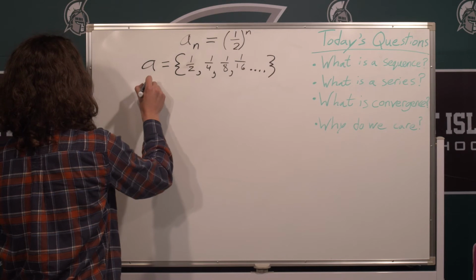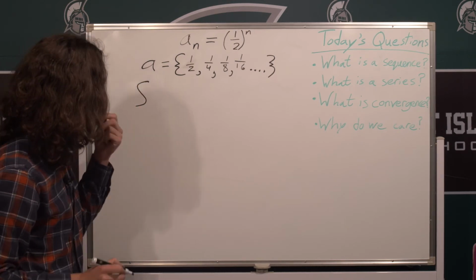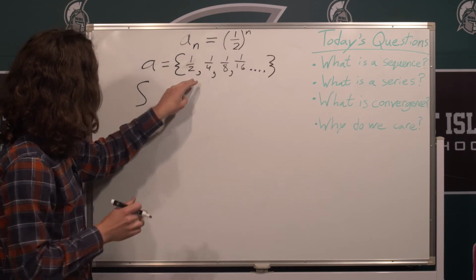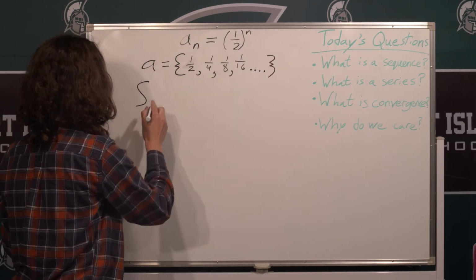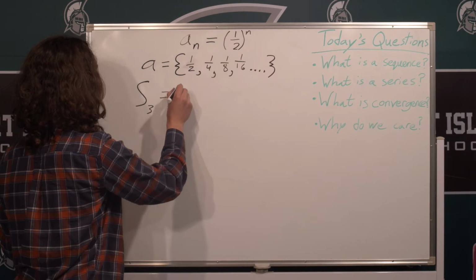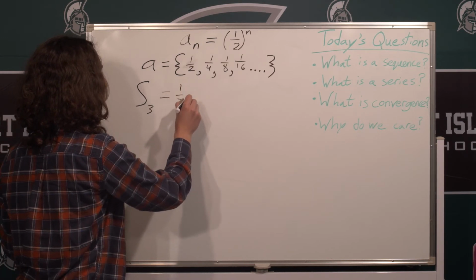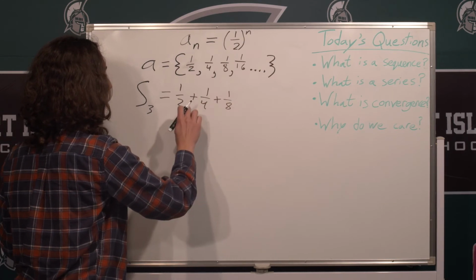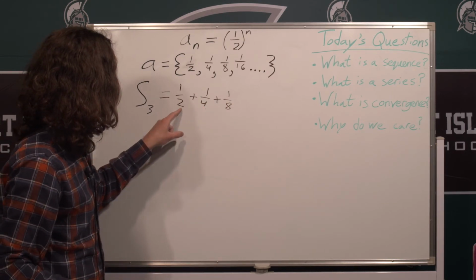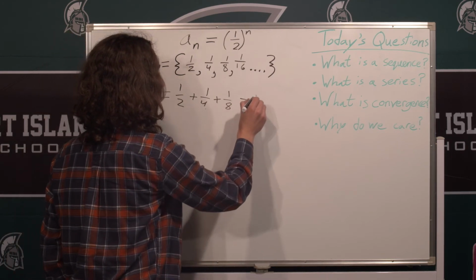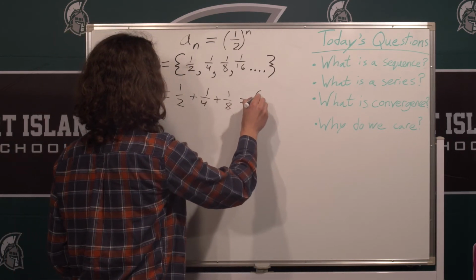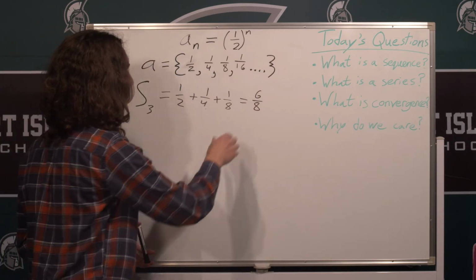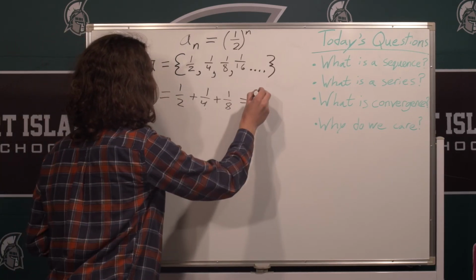And if we want to take the sum of the first, what is this, 1, 2, 3, S sub 3 would be 1/2 plus 1/4 plus 1/8, which is, see, this is 2/8, this is 4/8, this is 7/8.